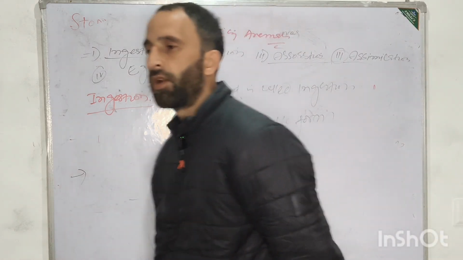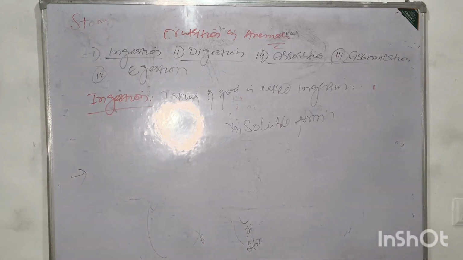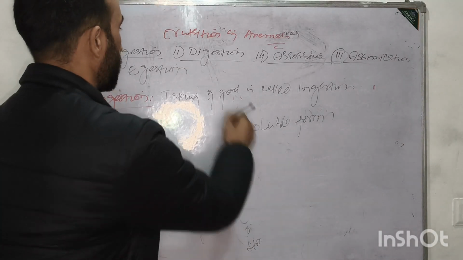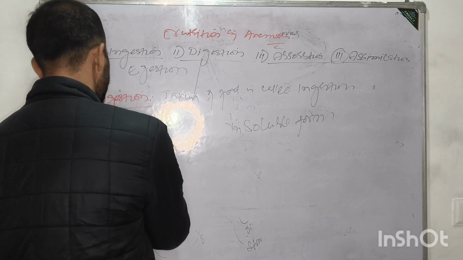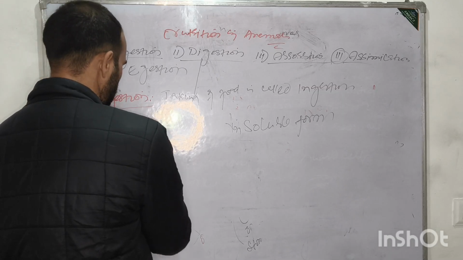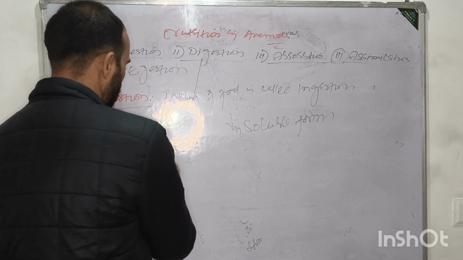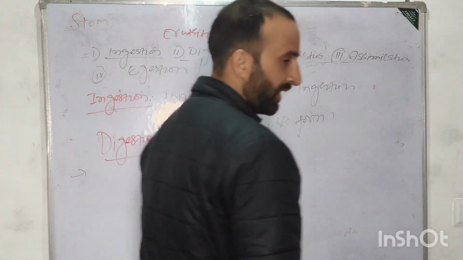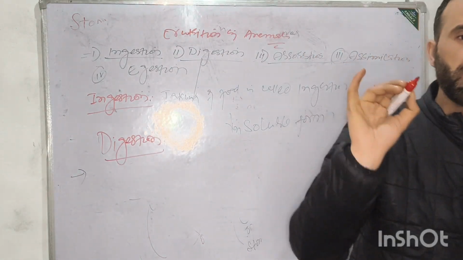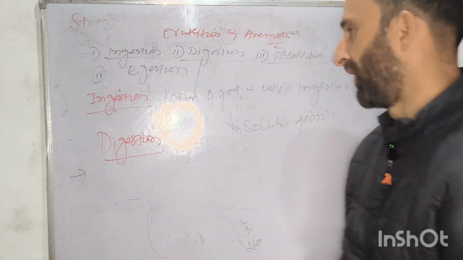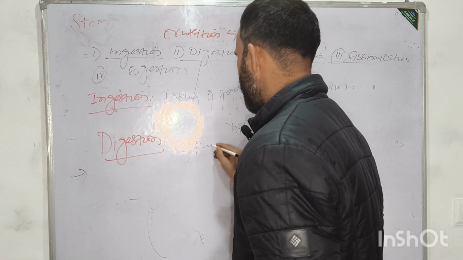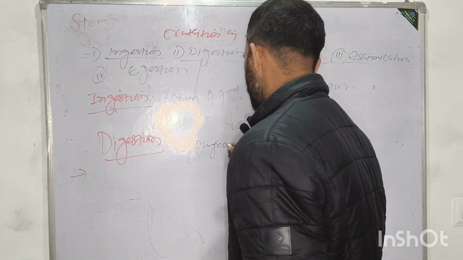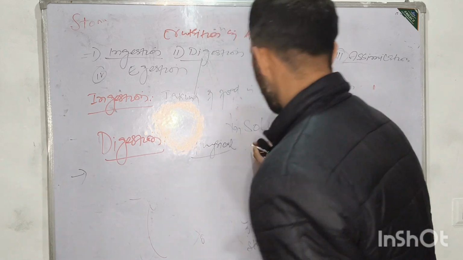When we put this food in our mouth, another step starts that is known as digestion. Digestion starts in the mouth. But in the mouth, there occur 2 types of digestion. The first is physical digestion, in which we use our teeth to grind the food and break it down into pieces.